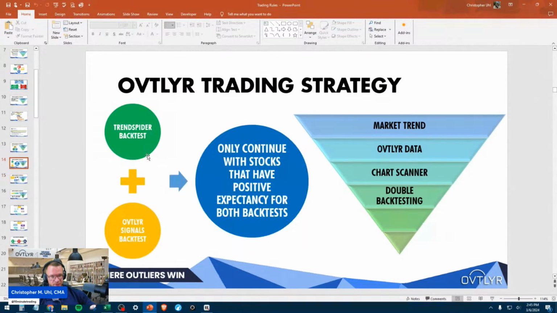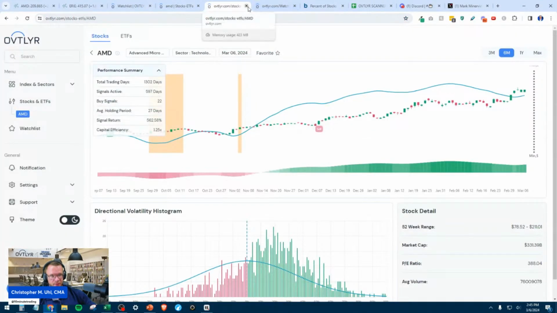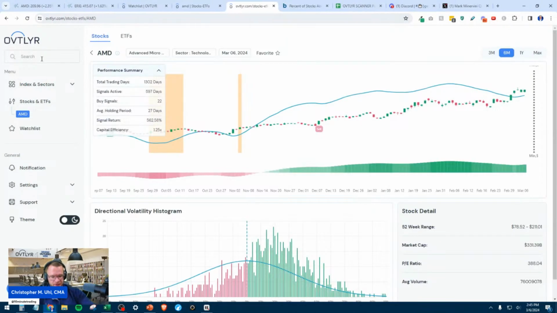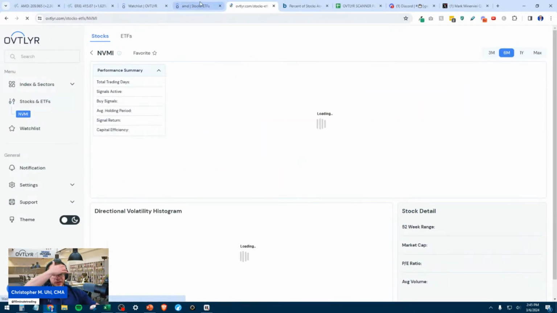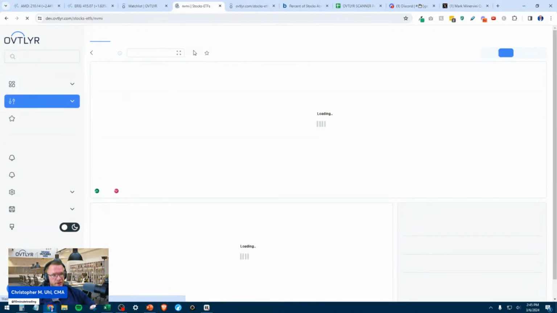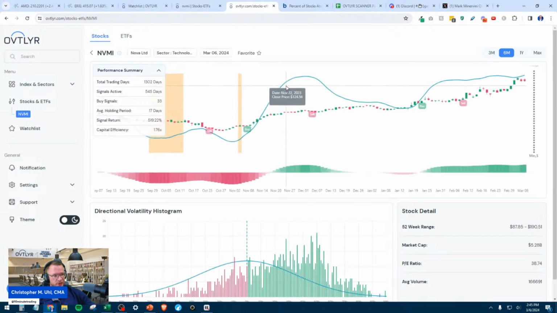So I'm going to go look at NVMI. Let's compare. So the 1.0 does not have a buy signal yet, but a 519% signal return.